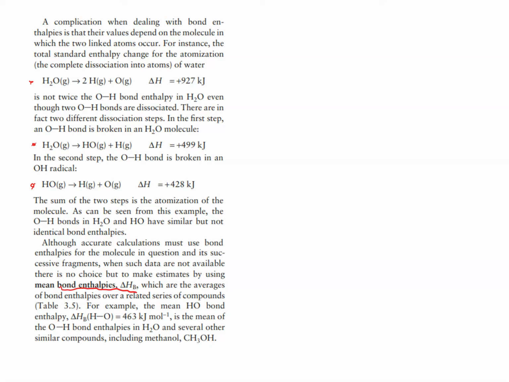Mean bond enthalpies are the averages of bond enthalpies over a related series of compounds, which we look at in table 3.5. For example, the mean HO bond enthalpy is 463 kilojoules per mole. It's the mean of oxygen to hydrogen bond enthalpies in water and several other similar compounds, including methanol.